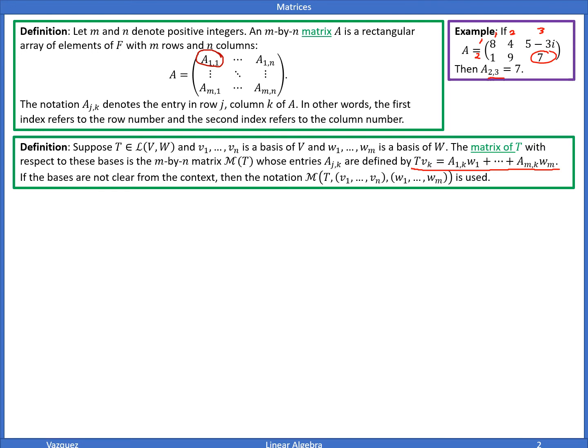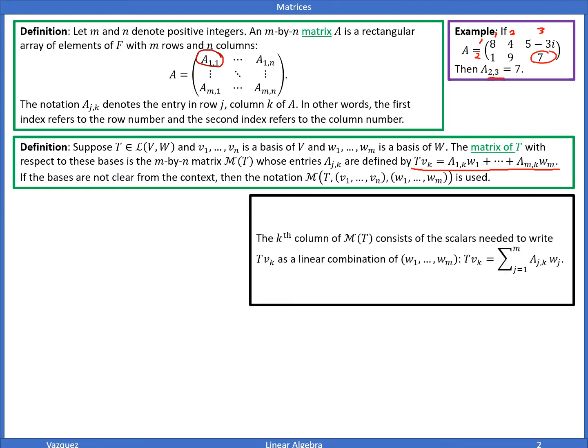Now, most of the time we use standard bases for these. M(T) looks something like this, the matrix of the linear transformation T. It helps if we draw a matrix. At the top, I'm going to put v_1, dot, dot, dot, v_k, dot, dot, dot, v_n, and on the side w_1, dot, dot, dot, w_m.